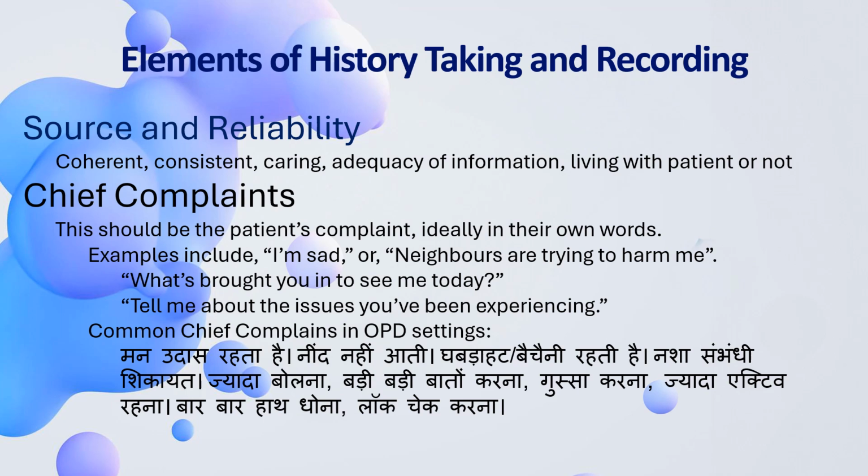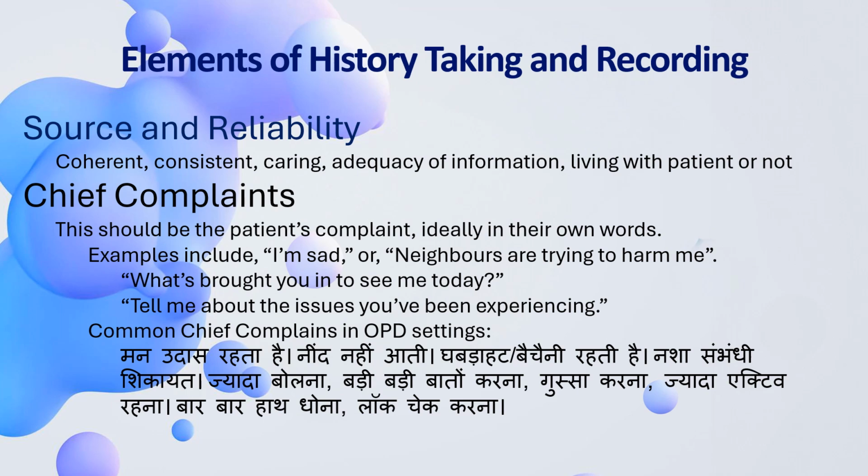The source and the reliability. Source of information should be recorded. If the source of information is more than one person, then all the sources are to be recorded, like patient, relatives, authorities, notes of the patient, diary of the patient.